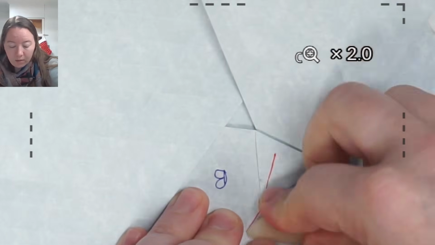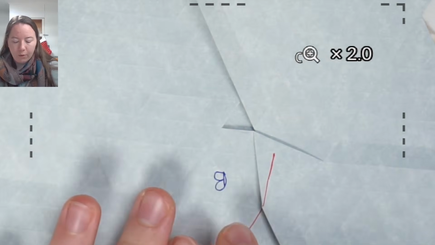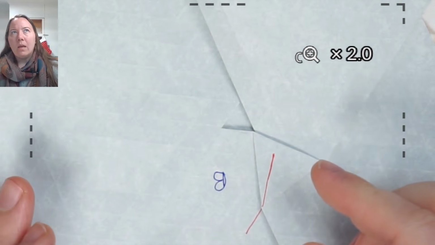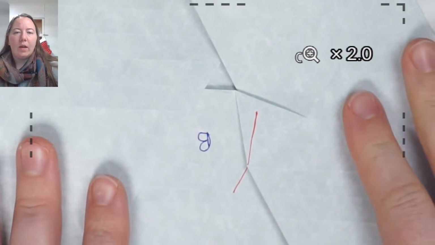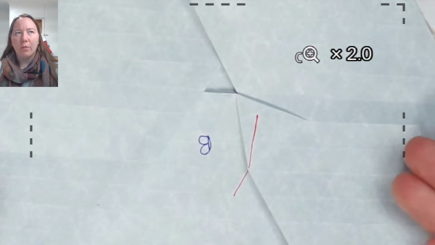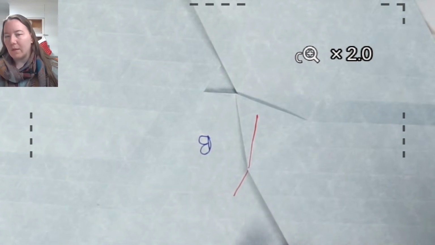While we're on this side of the paper, we can go ahead and fold the next twist. It's one of those things where you'll get the same twist in place, whether you do the exact steps in sequence or not.